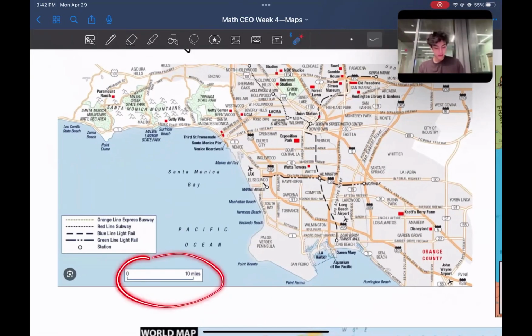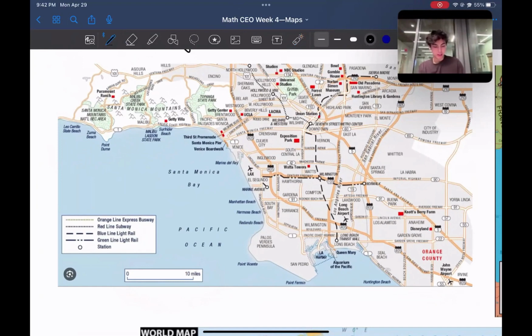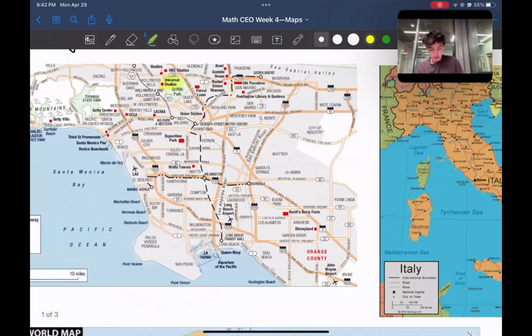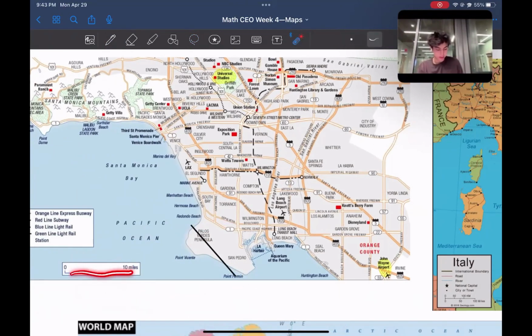What this scale allows you to do is find the distance between 2 points on the map. So say I want to find the distance between Universal Studios right here and John Wayne Airport right there. What I can do is copy this distance, the 10 miles, and rotate it.